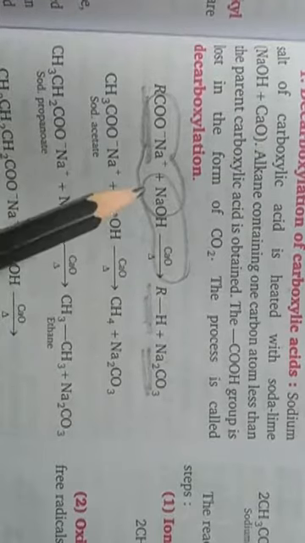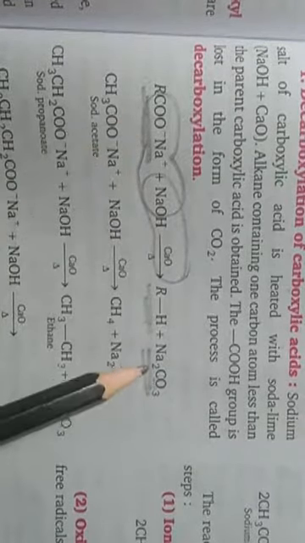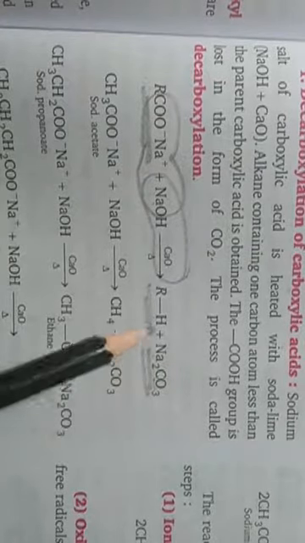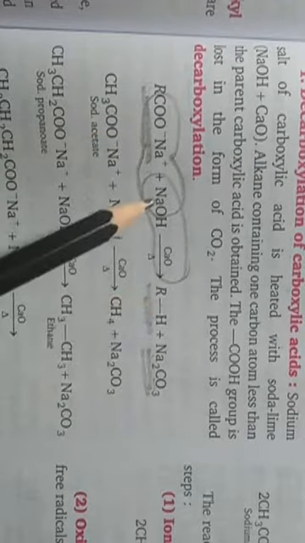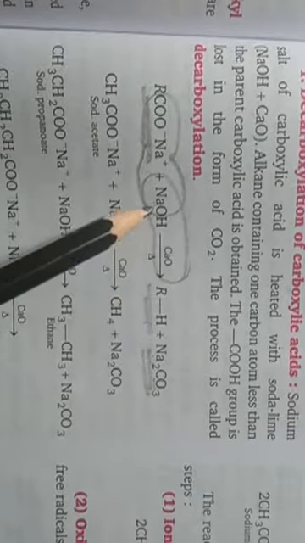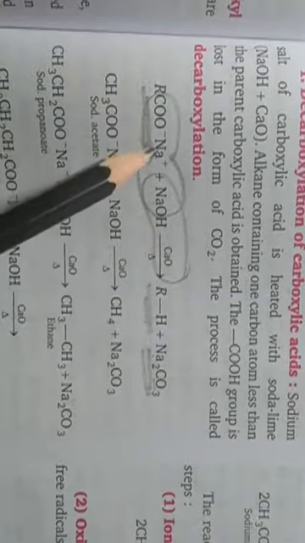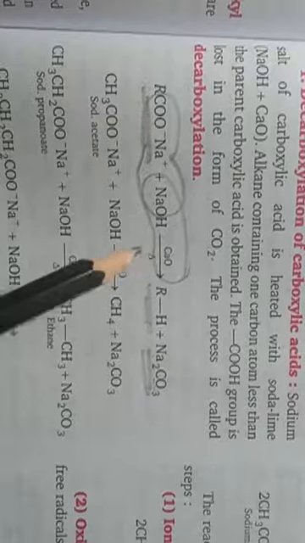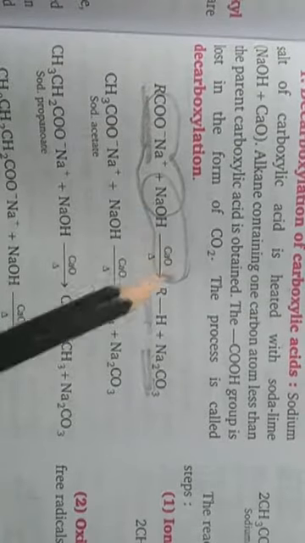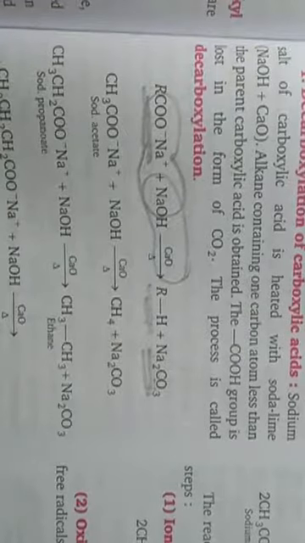Okay, so in this reaction CO2 is removed in the form of sodium carbonate. That is why the reaction is known as decarboxylation reaction. This sodium hydroxide is known as soda and CaO is lime. So when the sodium salt of saturated fatty acids is heated with soda lime, then the related alkane is formed.